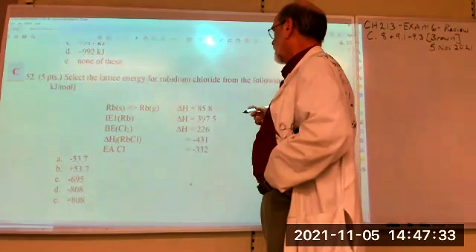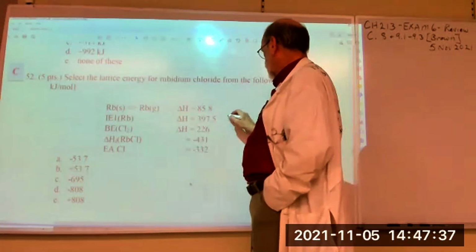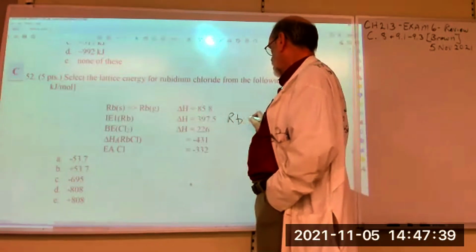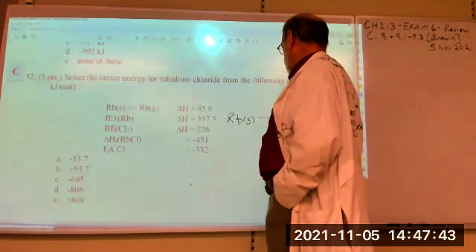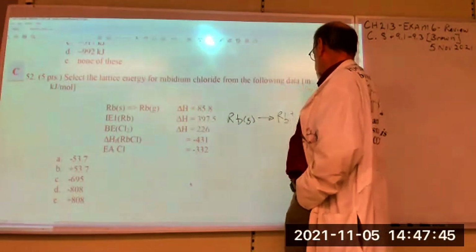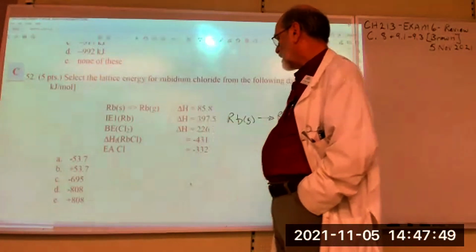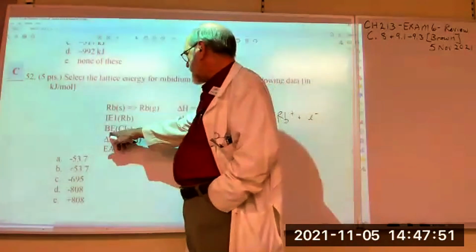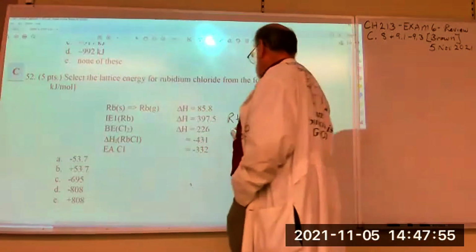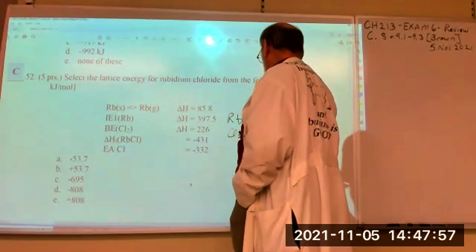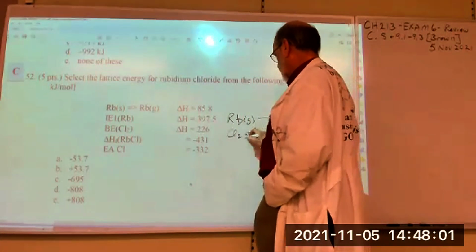Ionization energy for rubidium would be this equation. Gas yields. That's what that stands for. BE for this one, bond energy. So this one would be Cl2 yields 2Cl. And these have to be gases.